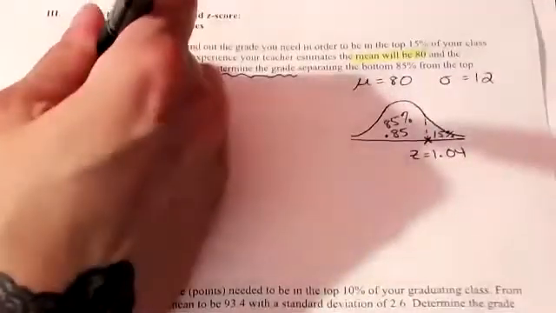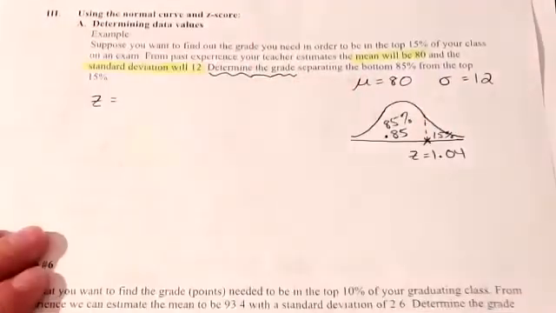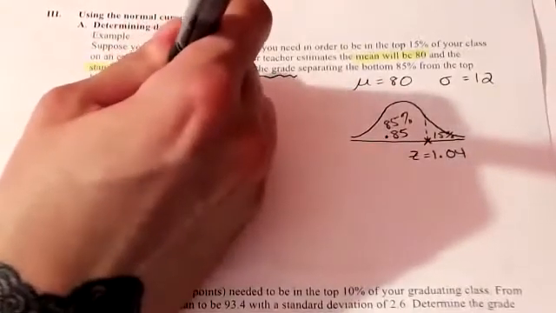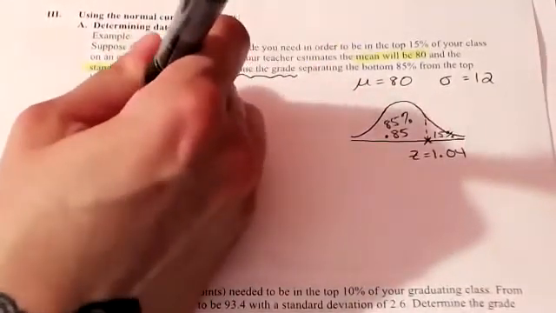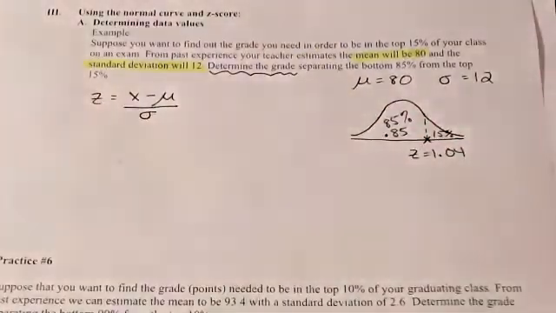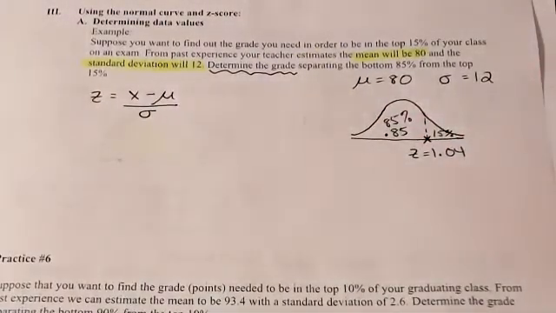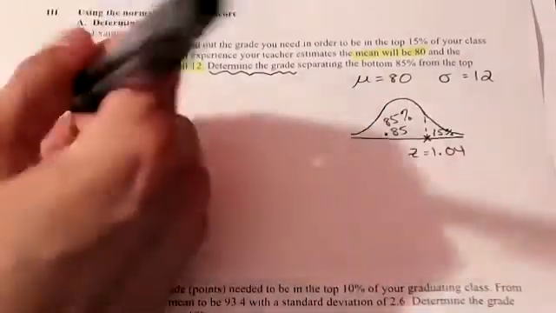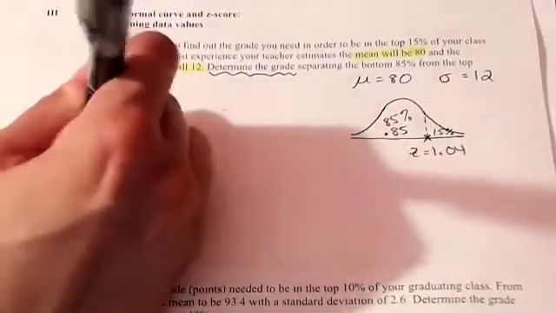I want you to think back to your z-score formula. The z-score formula is the raw data value minus the mean divided by the standard deviation. I want you to think about the pieces of information that you have just been provided. Using the z-score table, we saw that our z-score value was 1.04. So z has a substitution of 1.04.